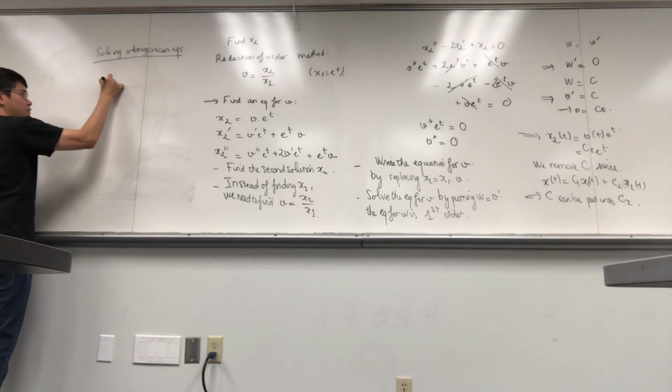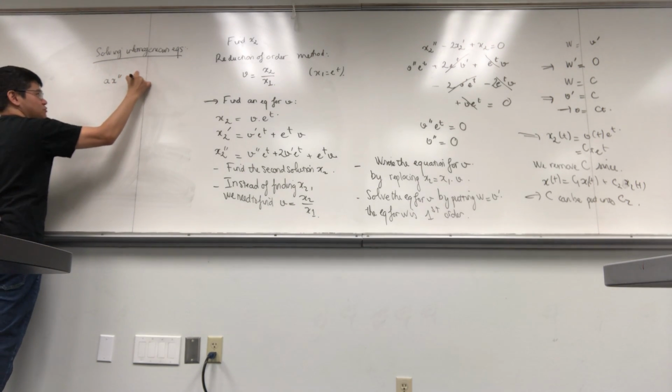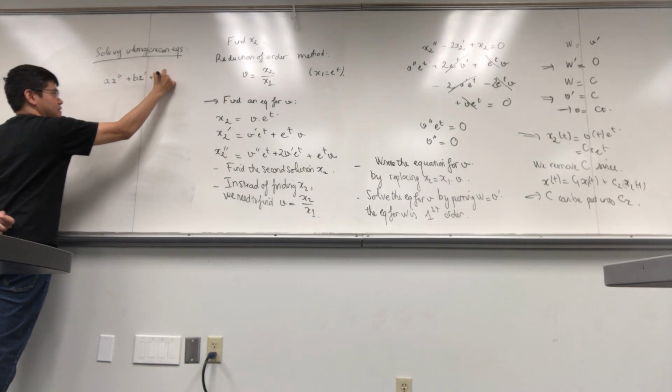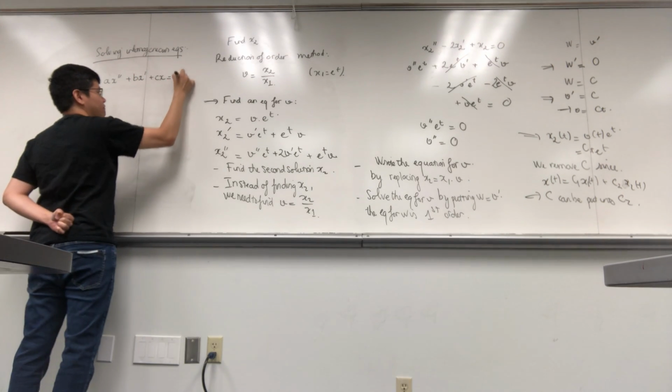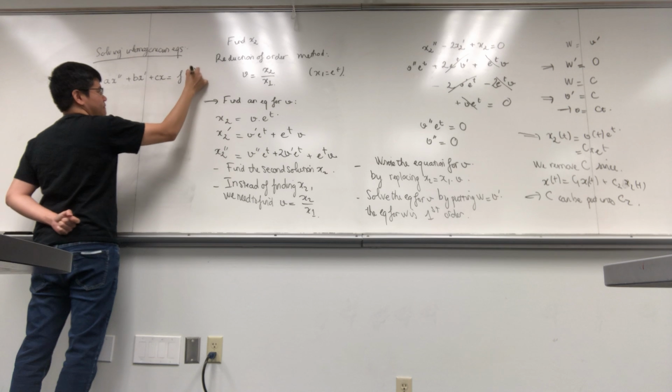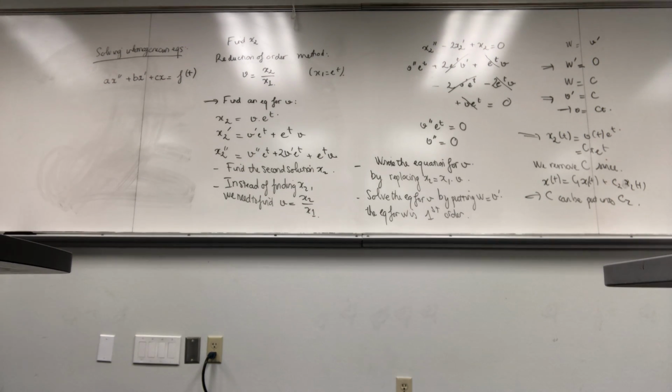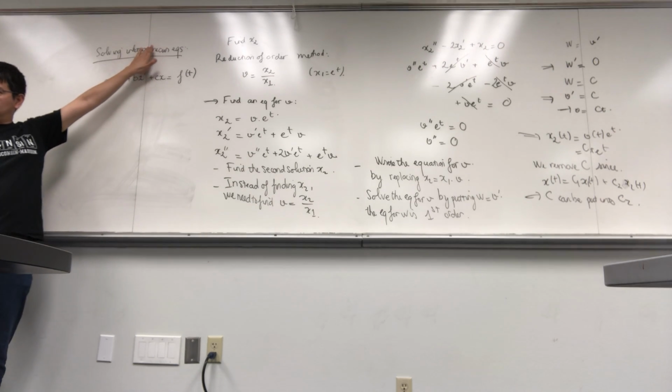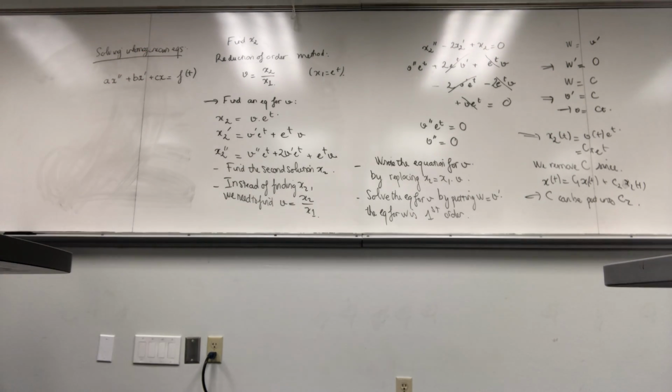So suppose that you have a x second plus b x prime plus c x is equal to f of t. All right. This is an inhomogeneous equation. But in this case, we still have constant coefficients, right? So in the previous class, we already know a method to solve it. The only thing that we don't know is how to find the particular solution.